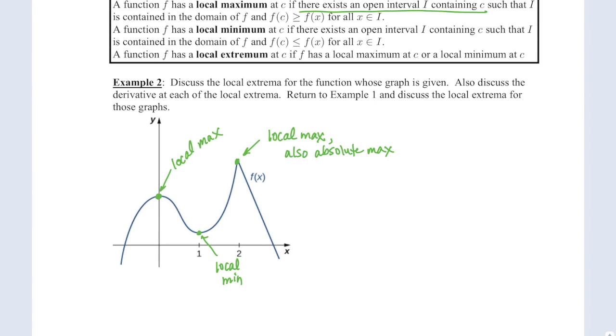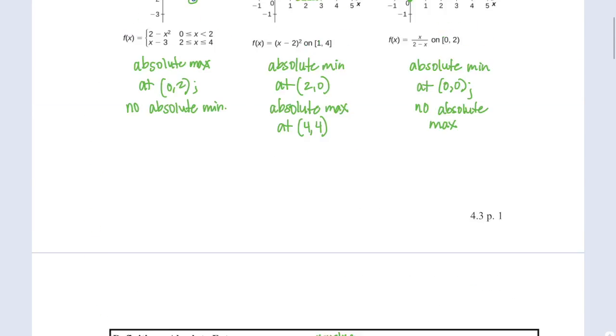So a local max can also be an absolute max. And that seems to be it, right? It appears that this function is falling to the left and to the right, so that should be it for the extreme points. So now let's go look at example 1 again and look at those graphs and talk about the local extreme points for those graphs.